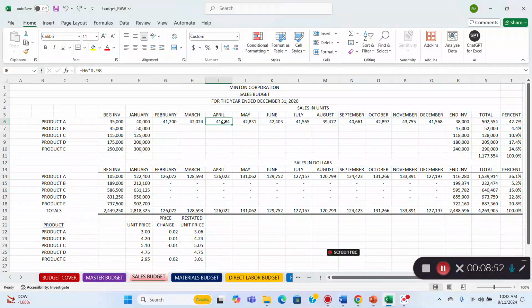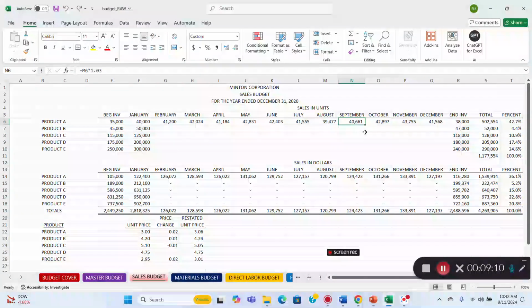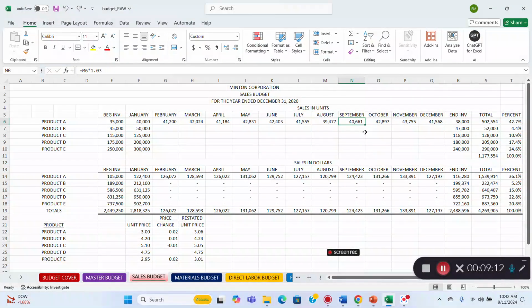And then when I get over here to April, well, not much is happening in April, potentially. When I come over here to September, typically, September starts the period of time for most companies, for most retailers in particular, when they expect increases because everybody's going back to school and all of that sort of thing.